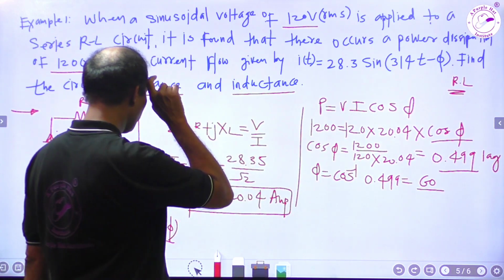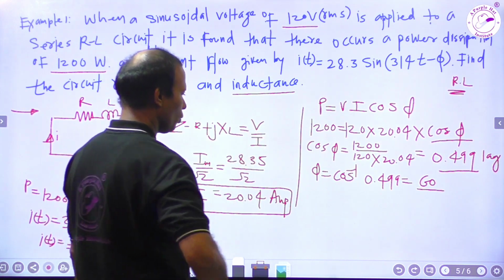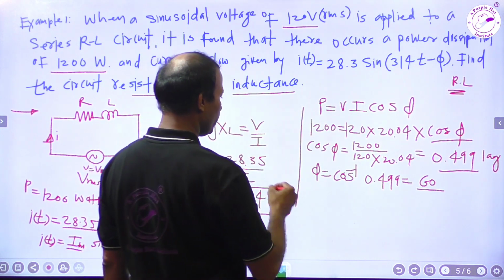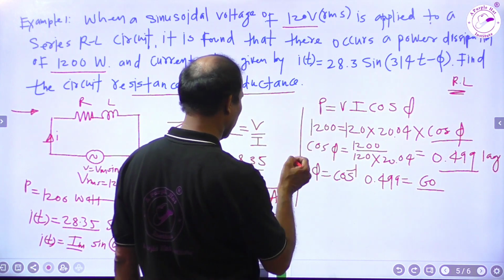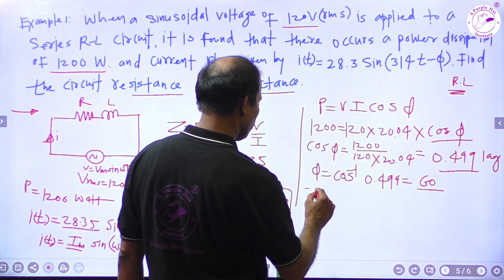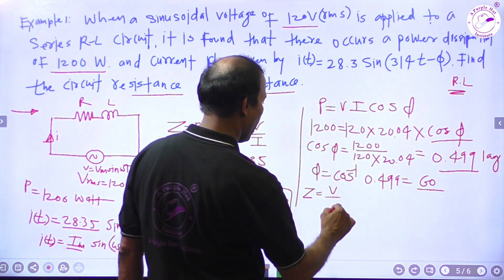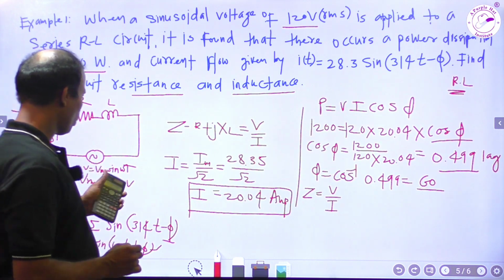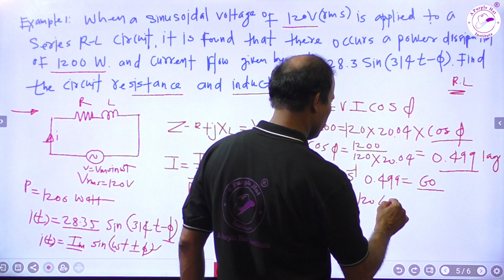Now if you try to calculate impedance by the ratio of voltage to current, in this equation, to get impedance I will divide voltage and current, because the angle is now known. So finally Z is equal to V by I. Voltage is 120 volt, equal to 120 angle 0.